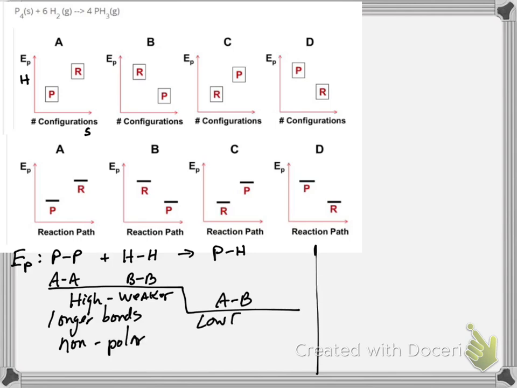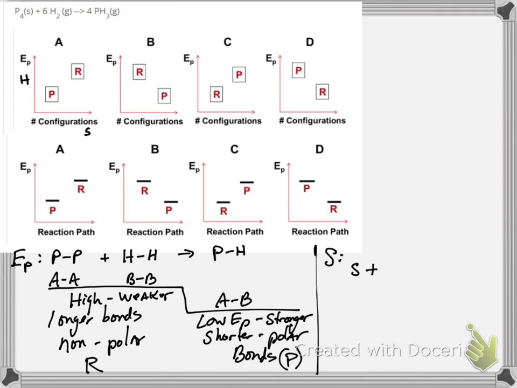This is the kind of rationale we'd expect you to use here. Lower potential energy, stronger bonds, they're shorter, they're polar bonds. Okay, and with that we would get this analysis. Products have lower potential energy.